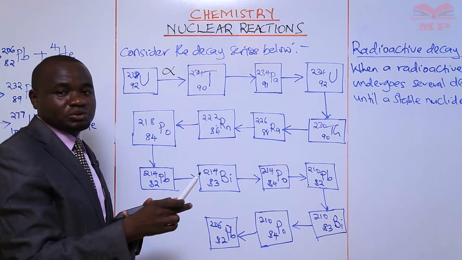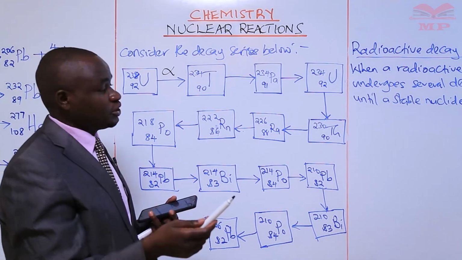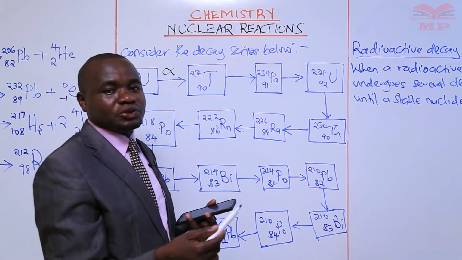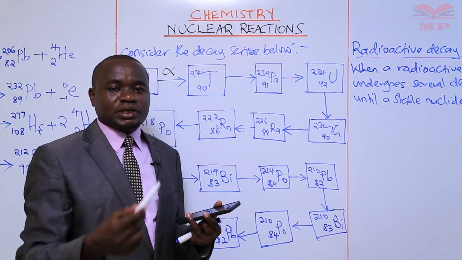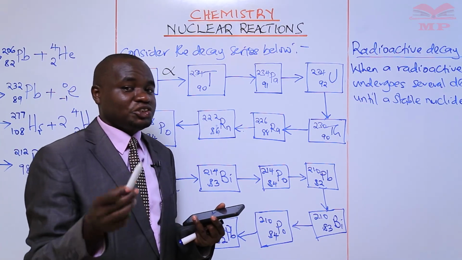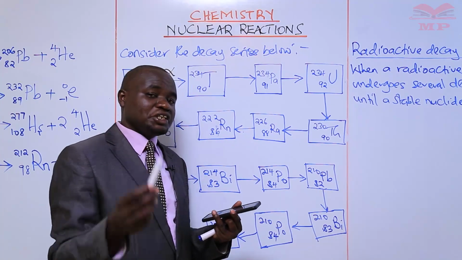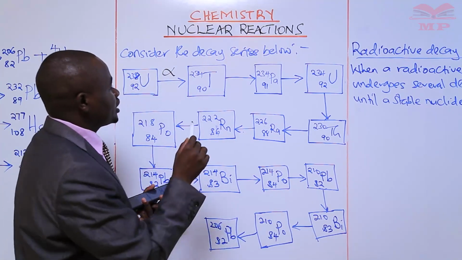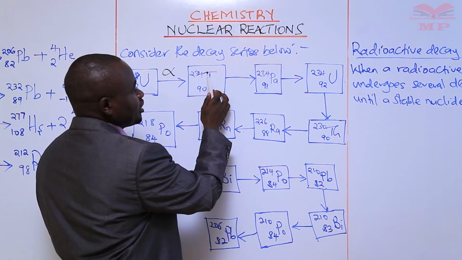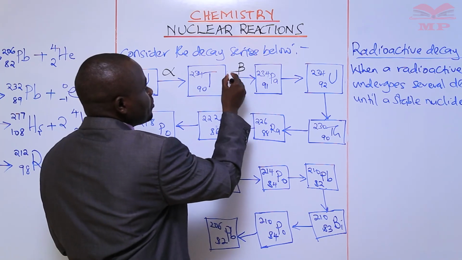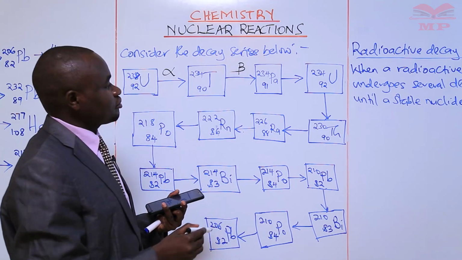So what does it mean? It means there is emission. Remember we said a beta particle, when it is emitted, the mass number does not change. What changes is the atomic number, and it increases by 1. So that means during this decay, there is emission of a beta particle.